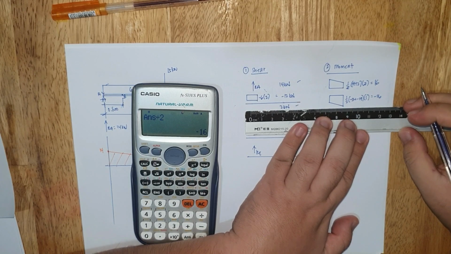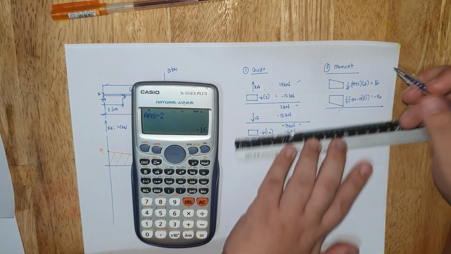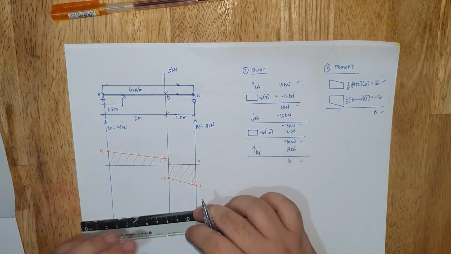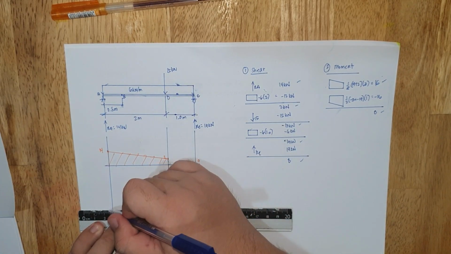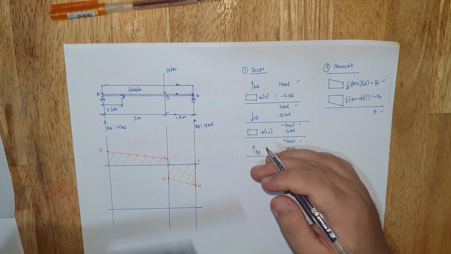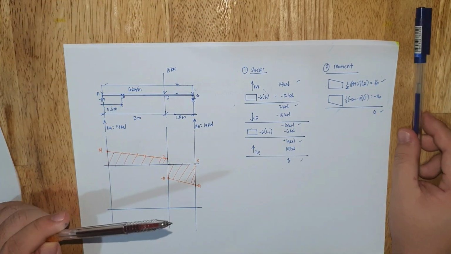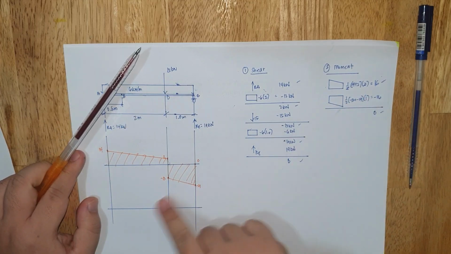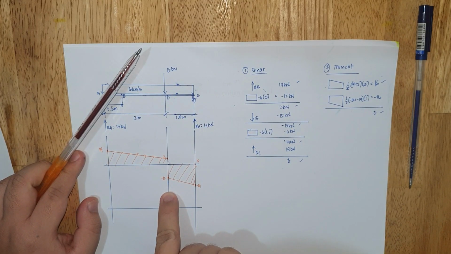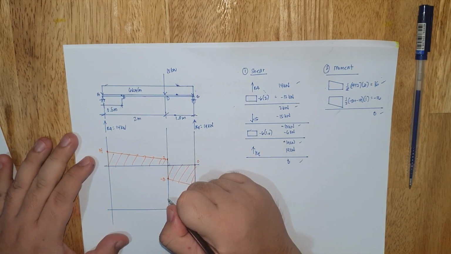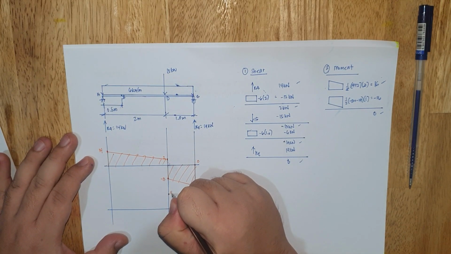Okay, so 0. Kailangan natin plot itong 16 dito. Okay. So dito 16 yung ano natin.